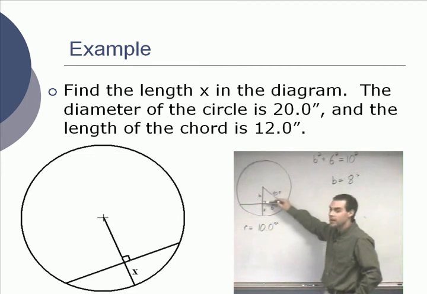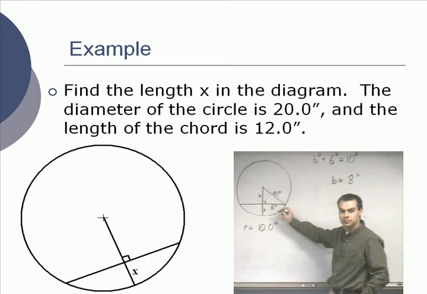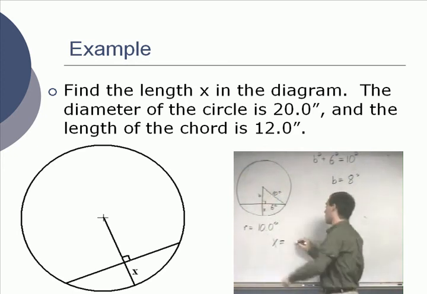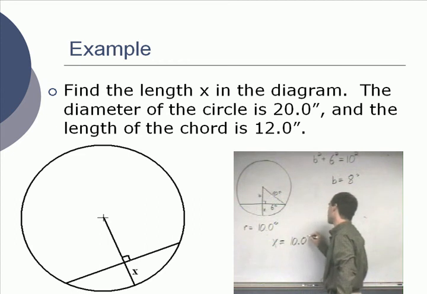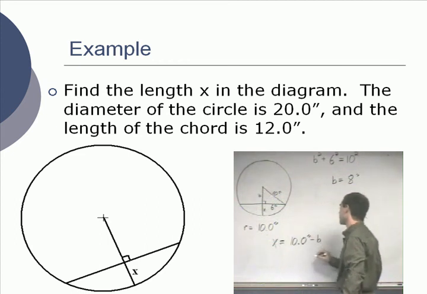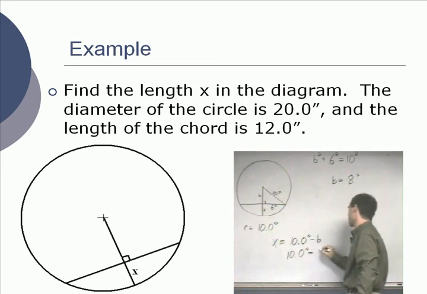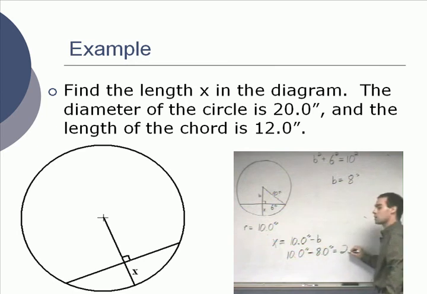Well, if we know that b is 8 inches, how much of this radius is left down here in portion x? X is going to equal 10.0 inches, our radius, minus the length of b, which we know to be 8.0 inches.